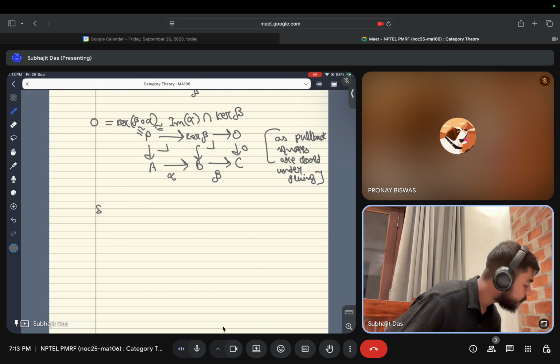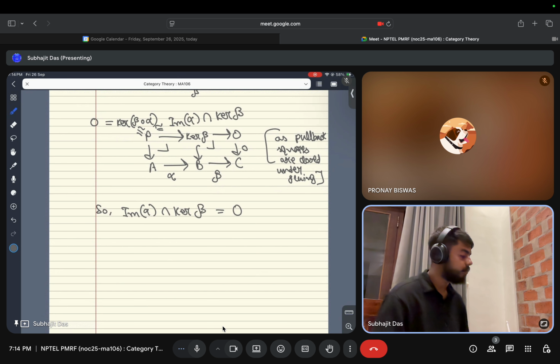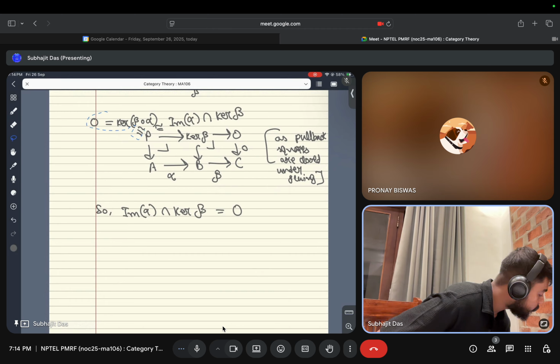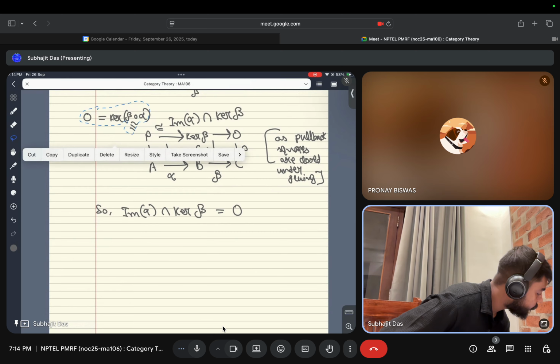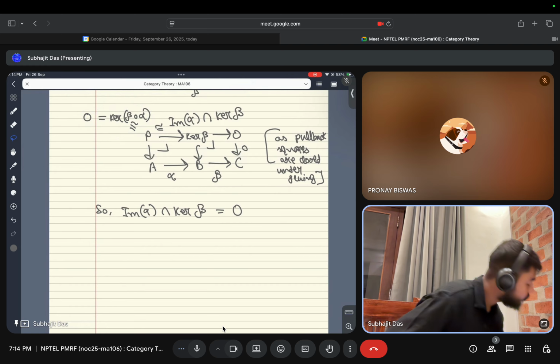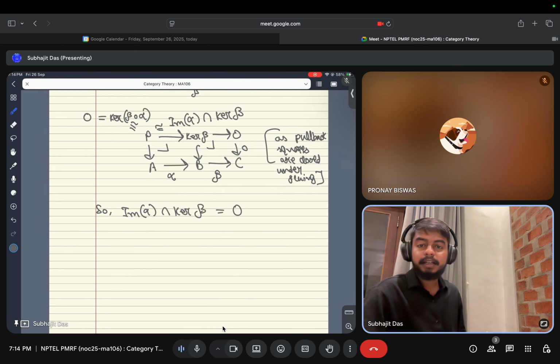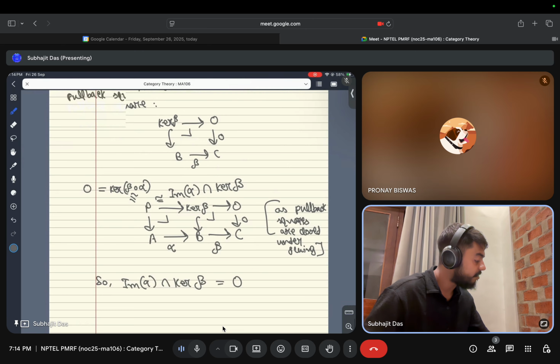So what we have is image of alpha intersection kernel of beta is actually 0, right? We have this. And what do we know about alpha?